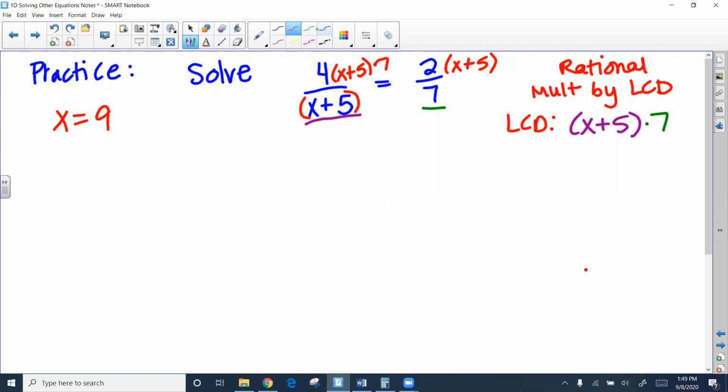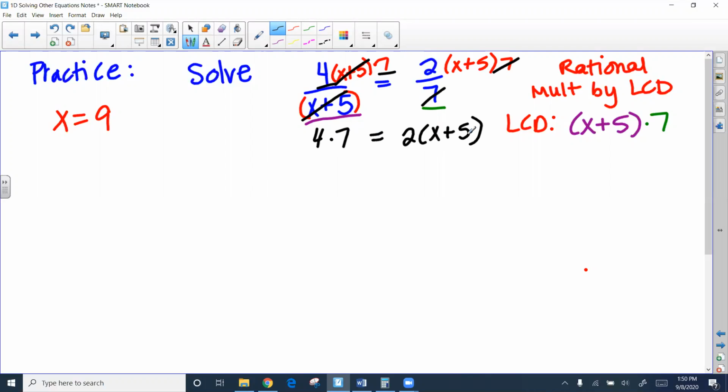Then the reason we do that is to get the denominators to divide out. So from the first fraction, the x plus 5s divide out, and we're left with 4 times 7. I'll multiply that together in a minute. The other side, the 7 divides out, and we're left with a 2 times x plus 5. Okay.